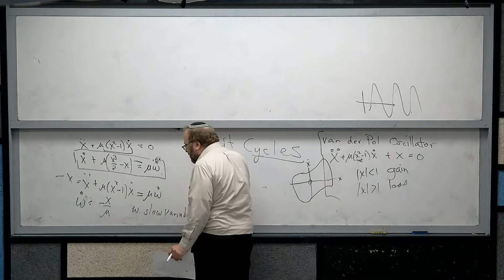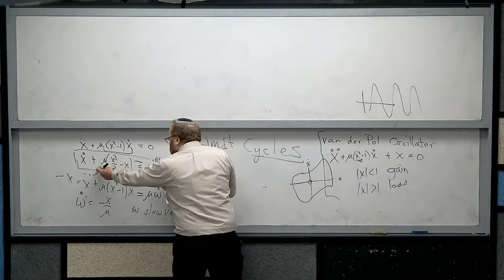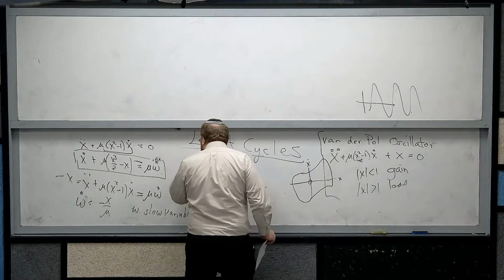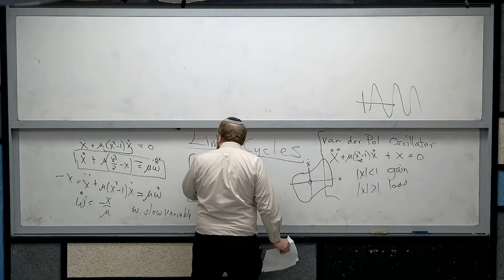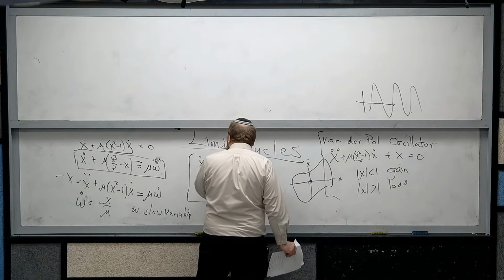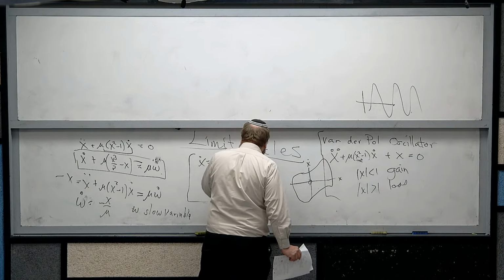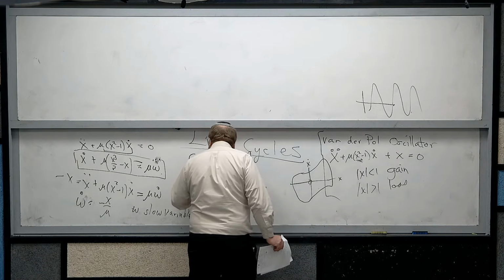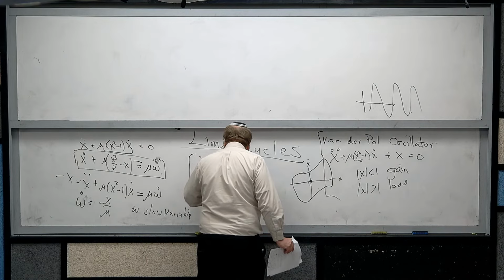And so that's one equation of motion. The second equation of motion is this one. So we have our two equations: x dot equals mu times (omega plus x minus x cubed over 3), and omega dot equals minus x over mu.